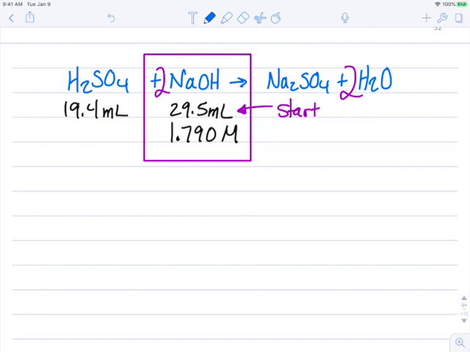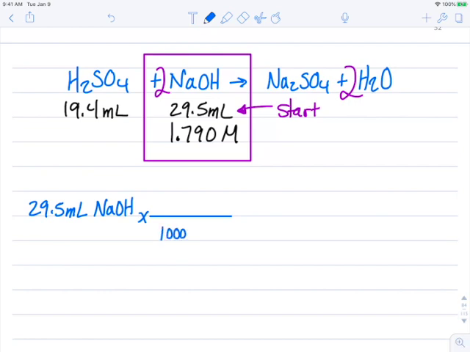All right, so I'm going to start with that 29.5 milliliters, and we're going between two different chemicals here. So I'm going to make sure to always label which one I'm talking about. And this is the NaOH. So I'd like to use the molarity as a conversion factor, but molarity is moles per liter, so I've got to get into liters.